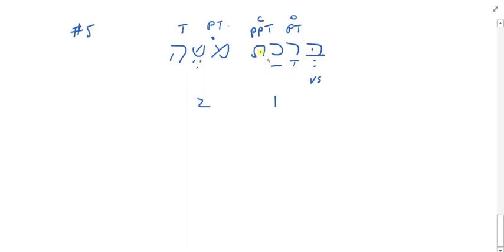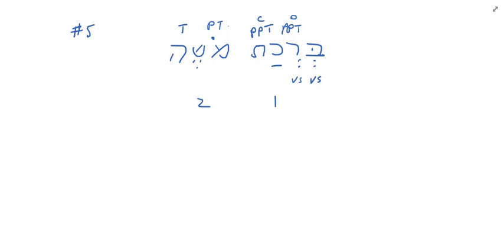Notice that I've already put a short patach here because I'm anticipating that the stress is going to be gone. This is now open and propertonic, and it's going to reduce to what? Vocal shva. And now what am I left with? I'm left with a red writer situation, right? So what's going to happen here?